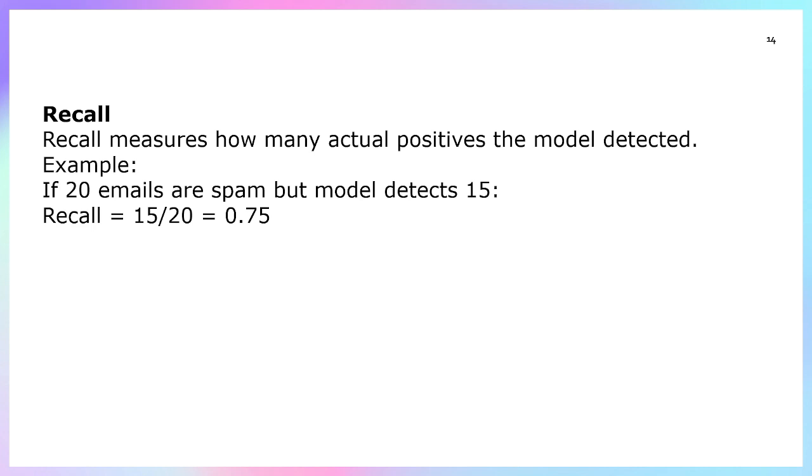False negative means 5 emails which are spam, but your prediction is that these are not spam. So that is a false negative, right? So 15 divided by 15 plus 5. Now come to some more examples, right?